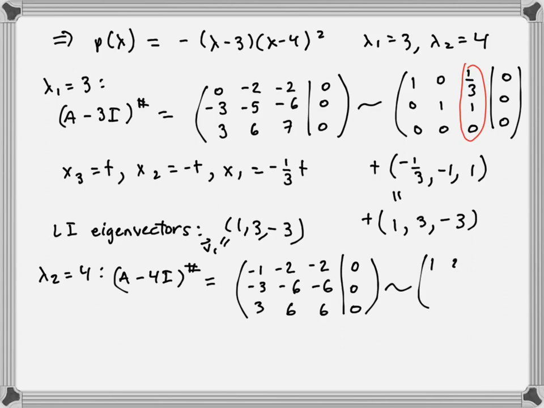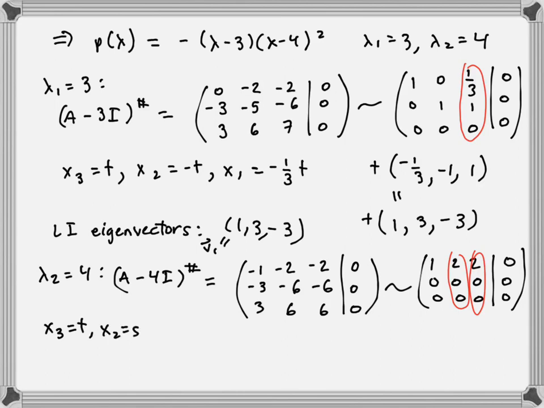So you end up with 1, 3, 3, 0, and then the rest is all 0. So we actually need two free variables here, one here and one here. So we're going to write x3 is t, x2 is s, and then x1 would be negative 3s minus 3t.